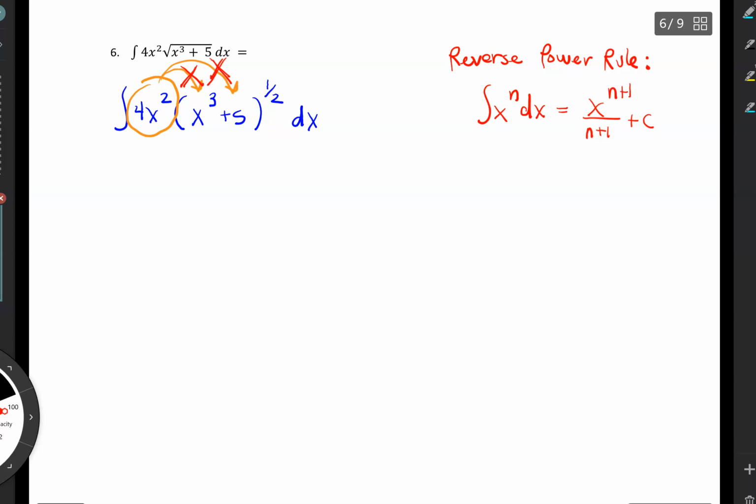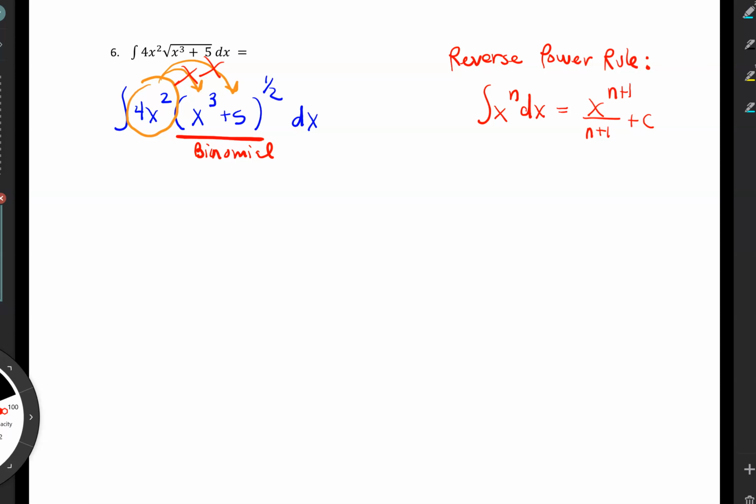We cannot distribute this monomial because the binomial is trapped to the 1/2 power. If that had just been a 1, like if there had been no exponent there, then you could distribute it. Then that would be allowed. And it would make this problem a whole lot easier, right? But because that binomial was to the 1/2 power, you cannot distribute the monomial in there.